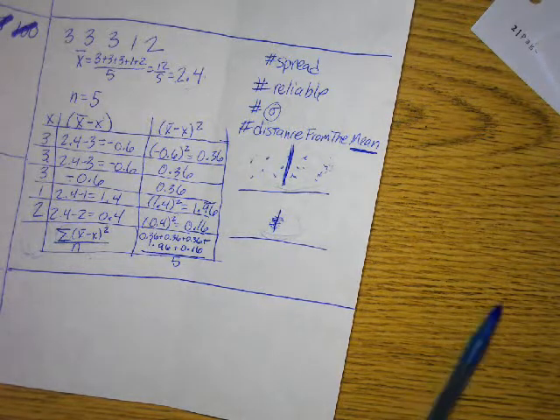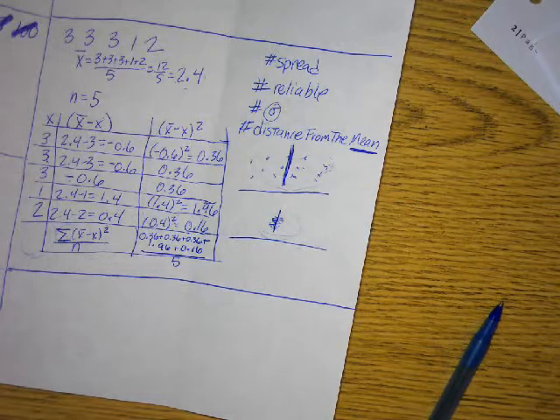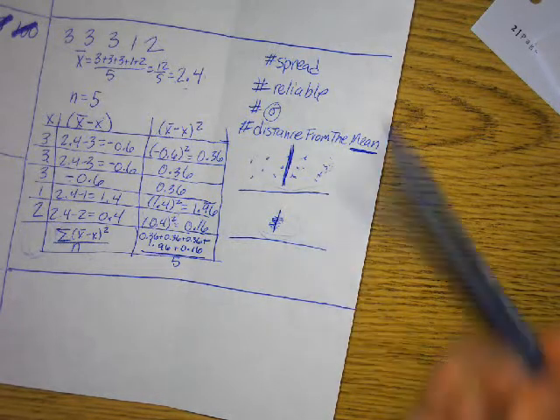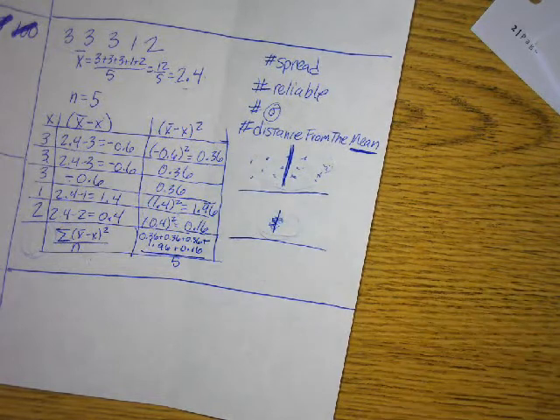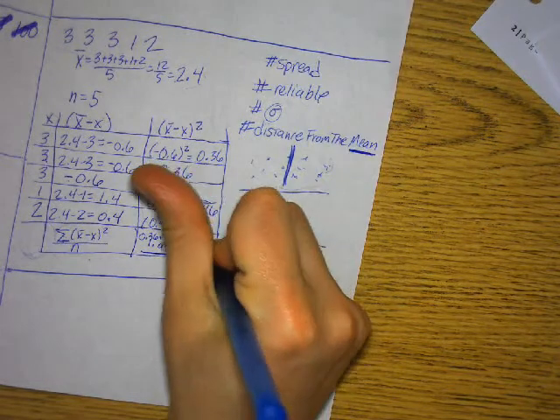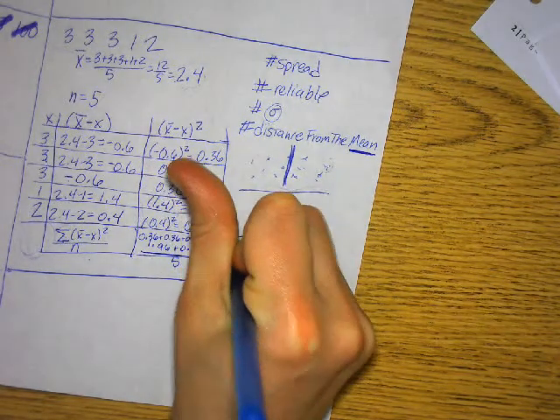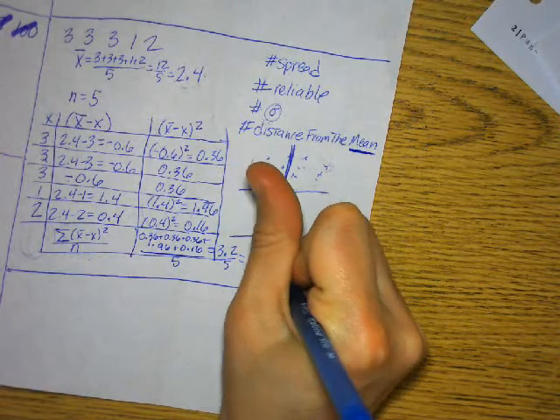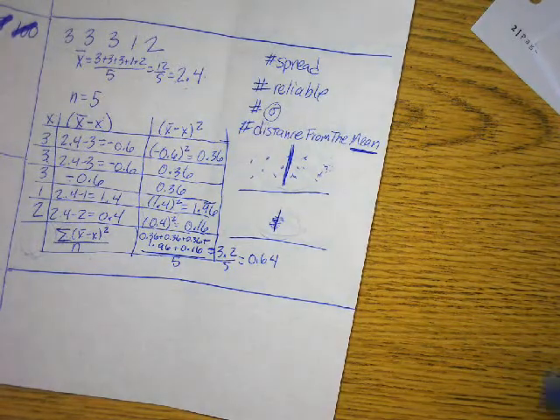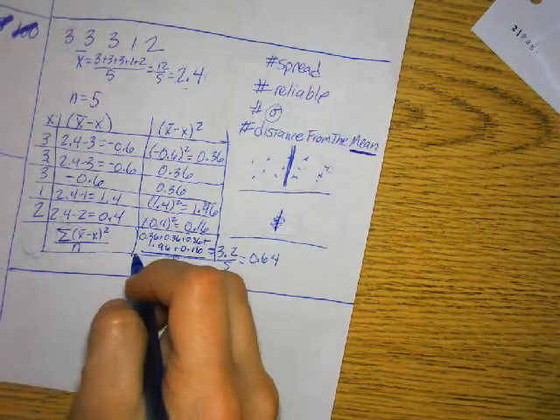They've already been squared. So I believe this is 3.2 divided by 5, which is 0.64. And then, this works out really nicely.